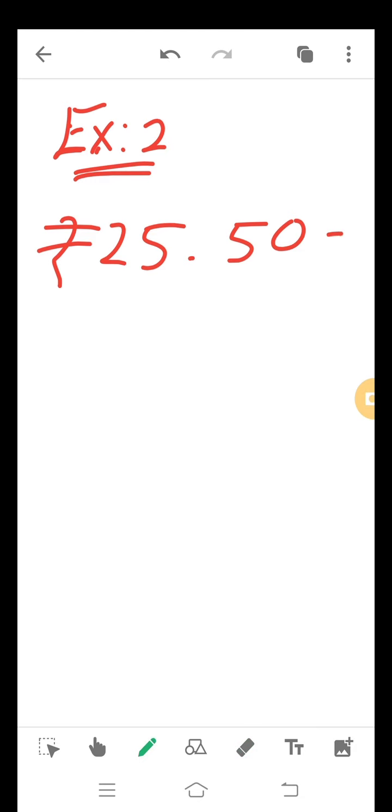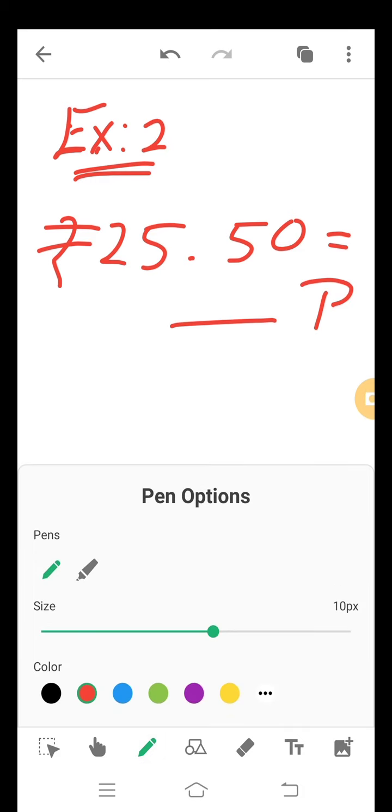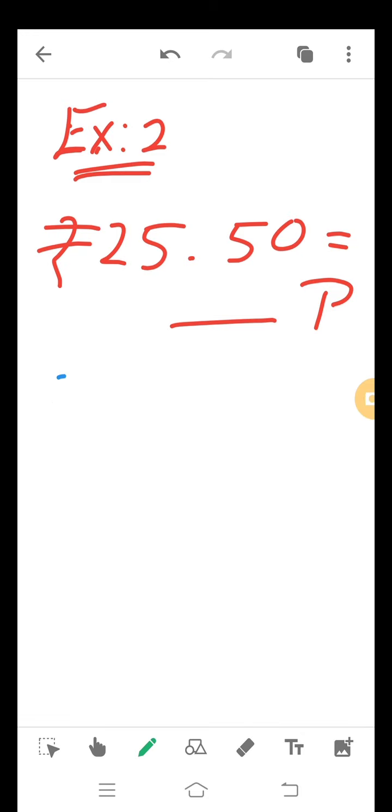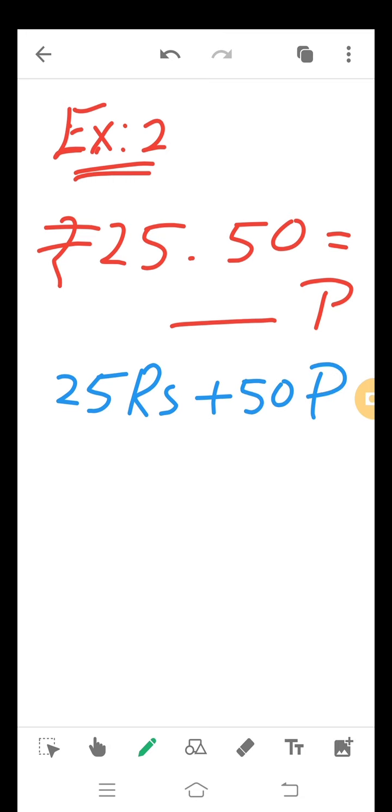Students, you know very well that 1 rupee equals 100 paise, 14 rupees equals 14 into 100 paise, 25 rupees equals 25 into 100 paise. First you split the question like this: 25 rupees plus 50 paise. The point converts to plus. We have to convert the rupees to paise, so don't disturb the paise part. Just convert the rupees part into paise.